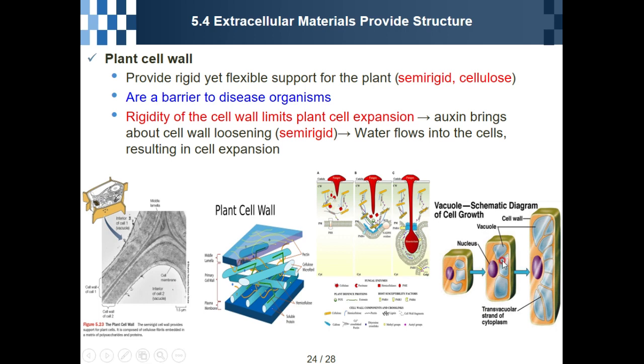Water flows into the cell and is deposited in the vacuoles. After that, it can result in cell expansion because the plant cell wall is semi-rigid. However, prokaryotic cells are rigid. So we covered the cellulose.